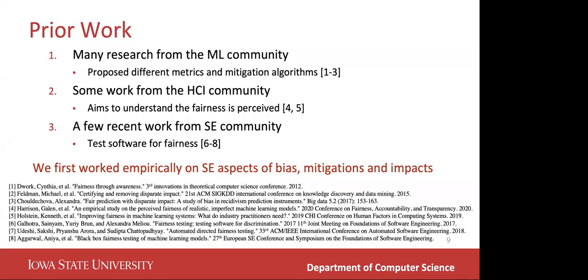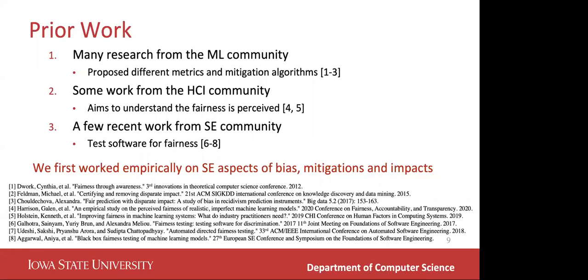The human-computer interaction research has involved interviewing and surveying many people and researching the ethical aspects of the fairness of software. And third, recently, the software engineering community has also focused on this issue, and some papers have been published on testing the fairness of software, basically generating automated test cases and detecting bias in software.